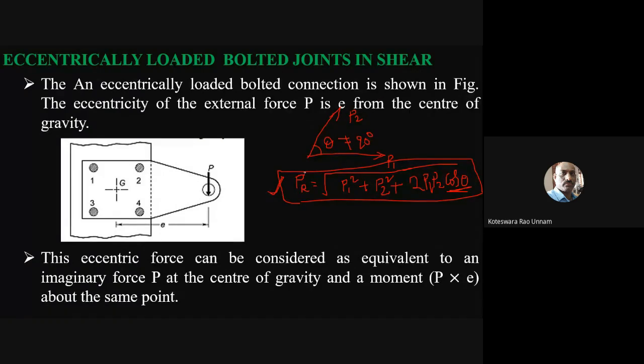Once I have a resultant force, then we know the formula for the stress. Sigma is nothing but, since here it is a shear load, you can take tau. Tau is nothing but your PR divided by pi by 4 into Dc square, where Dc is the core diameter of the bolt.